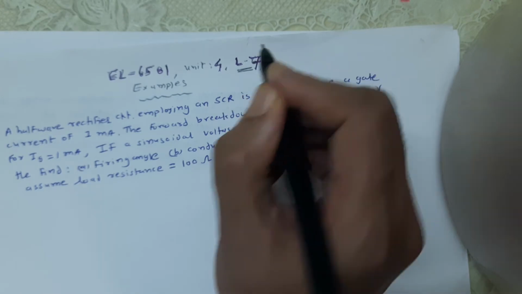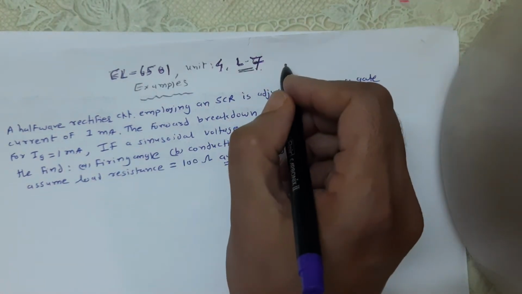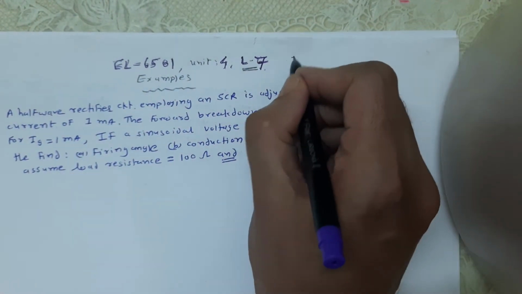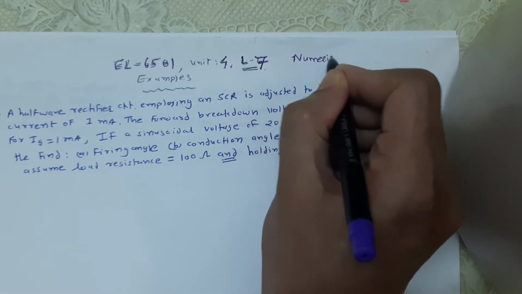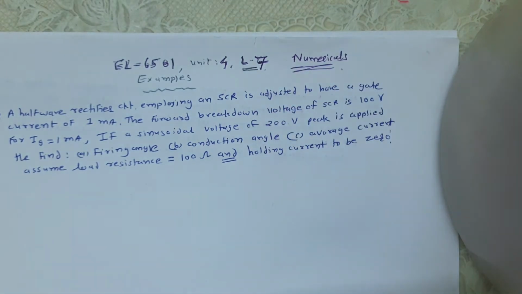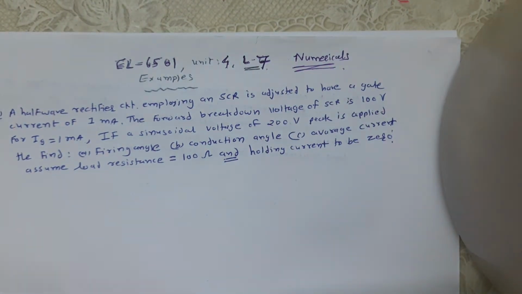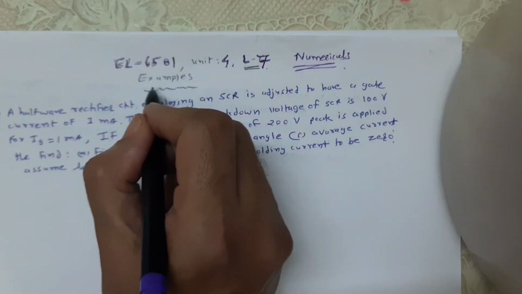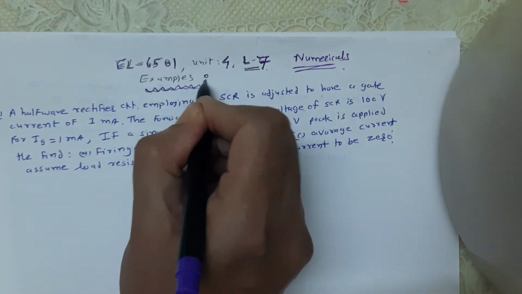This is your lecture number 7, and these are the numericals. That means we are discussing here the examples regarding the SCR. So the first example.